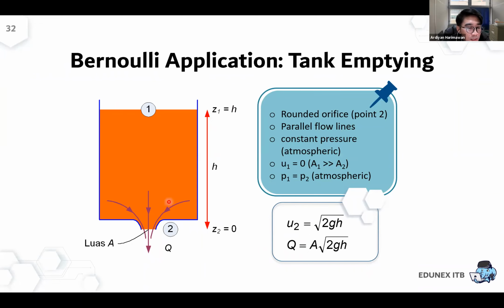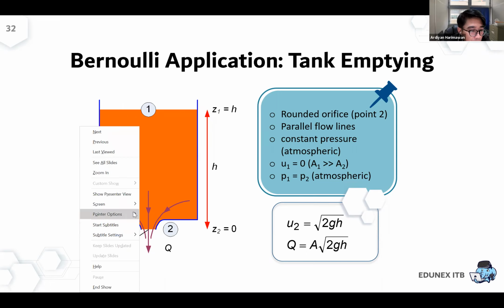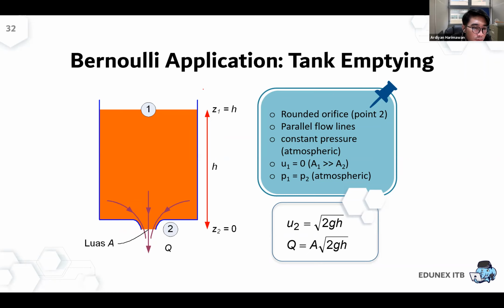You have a quite big tank containing water, and the diameter of the cylinder tank is D1 at position 1. Then at the bottom of the tank you have a very small hole with the diameter of D2.